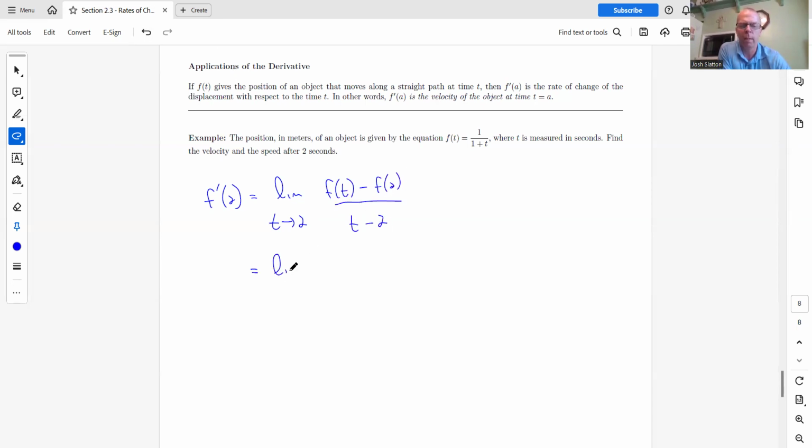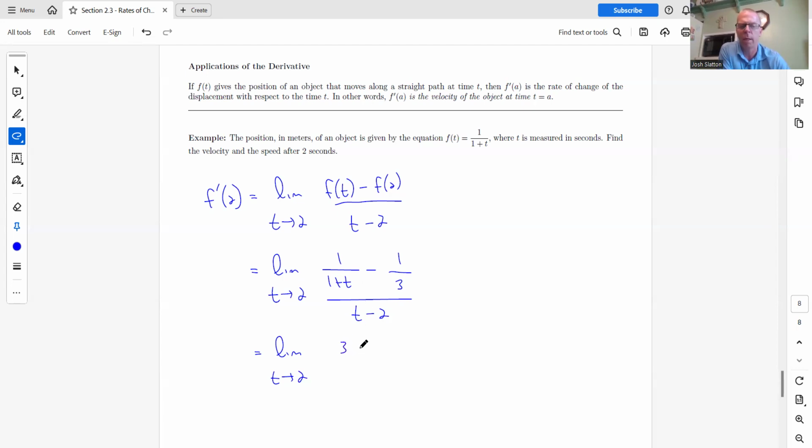So we have the limit as t approaches 2 of 1 over 1 plus t minus f of 2, that would be 1/3, over t minus 2. So now let's find a common denominator: 3 times 1 plus t would be the common denominator.